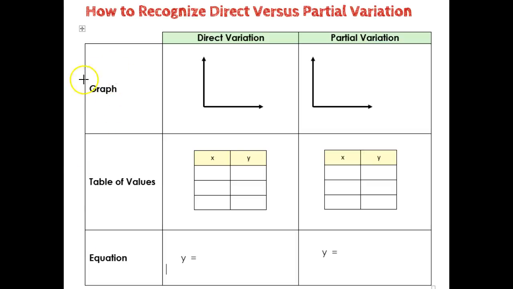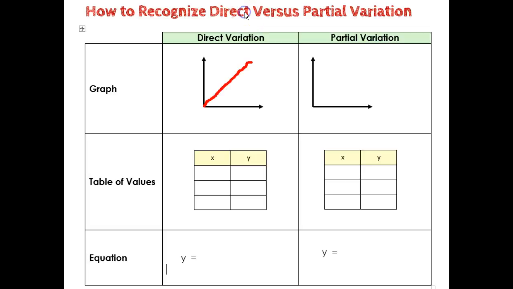If you're looking at the graph of a situation and you're asked whether it's direct or partial variation, you're going to look very carefully at where your y-intercept is. In a direct variation, your y-intercept is going to be 0 and you're going to have y increase as x increases.